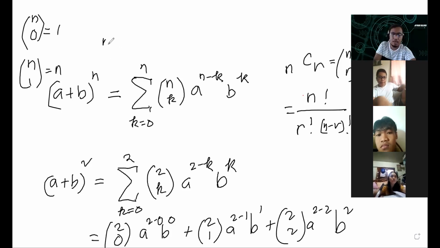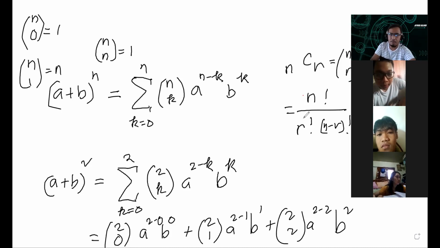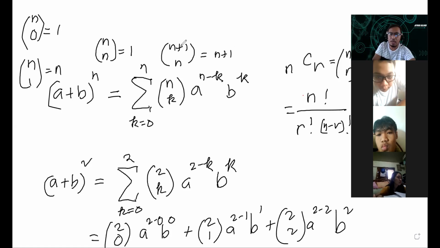If you have n taken n, the answer is 1. If you have n plus 1 taken n, the answer is just n plus 1. For example, 5 taken 4, the answer is 5.